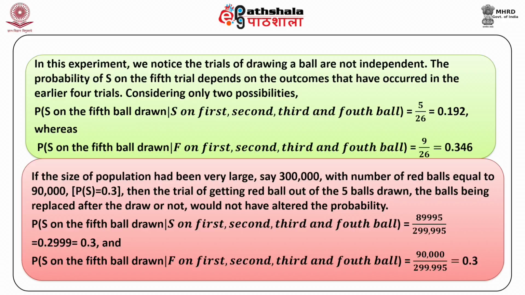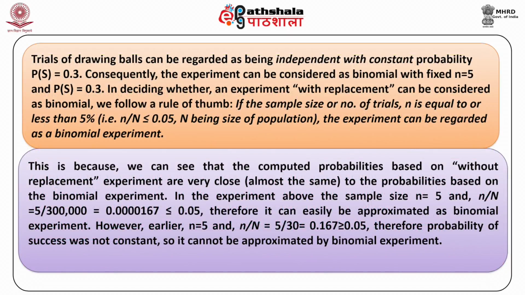And the probability of S on the fifth ball drawn given F on first, second, third and fourth ball is equal to 90,000 upon 299,995 and is equal to 0.3 approximately. So hence trials of drawing balls can be regarded as being independent with constant probability p of S equal to 0.3 in this case.